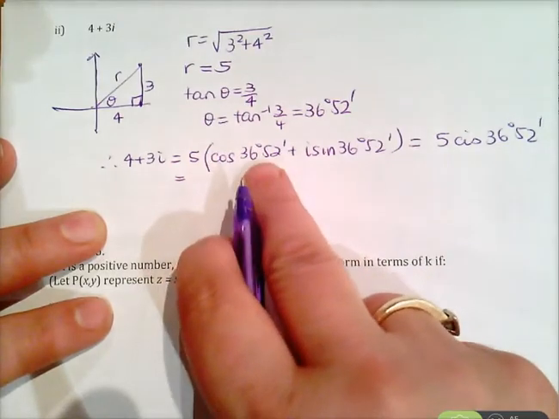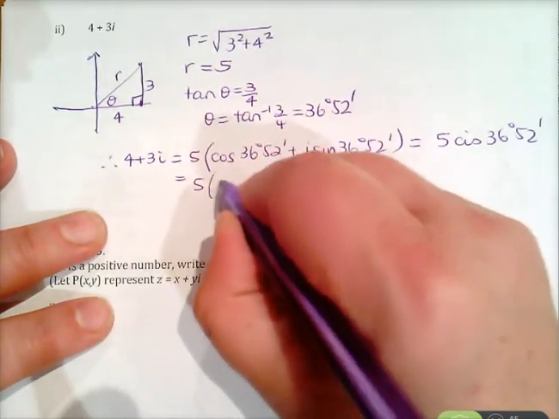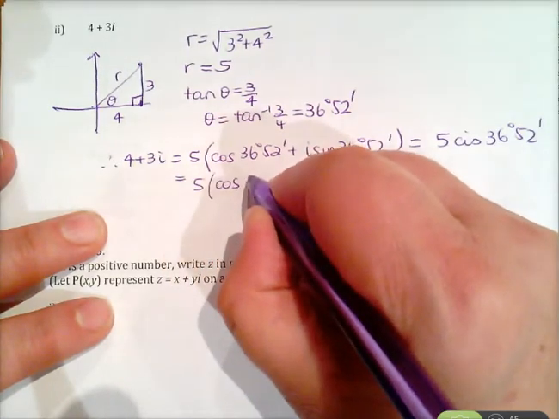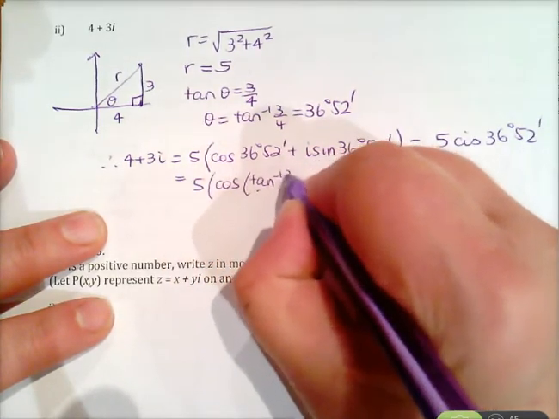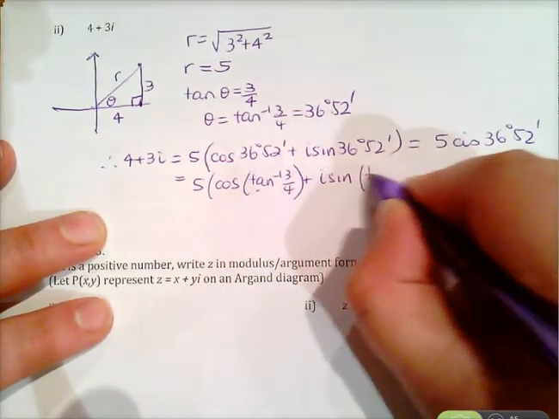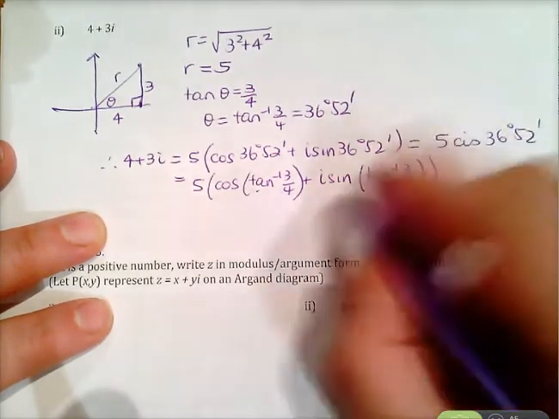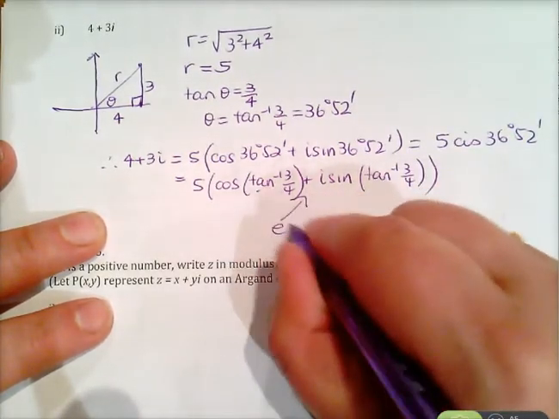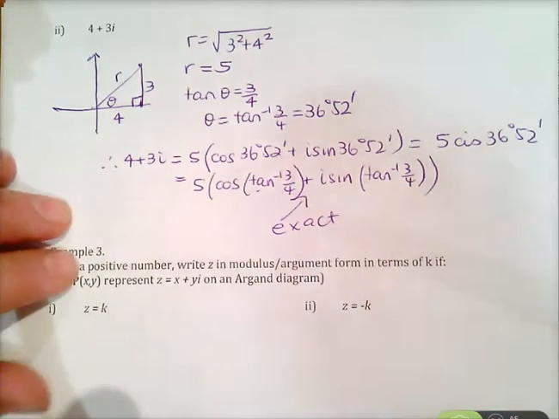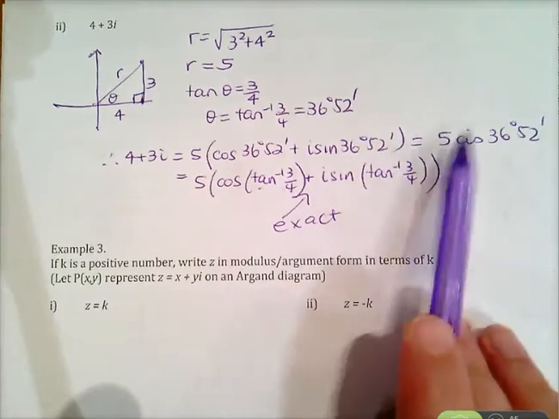Or if I want to write it as an exact angle, I would write it as 5 bracket cos tan to the minus 1 of 3/4, but you won't normally do that, plus i sine bracket tan to the minus 1 of 3/4. So that last one is an exact value, whereas this 36 degrees 52 minutes has been rounded off.